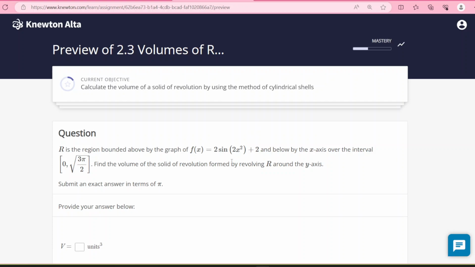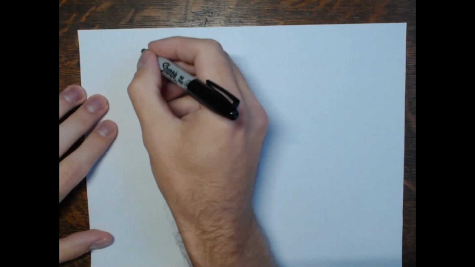All right, so again, we're given a region and we're rotating this region around the y-axis to create some solid of revolution and finding the volume, right? So I'll set up the integral and actually find the integral.